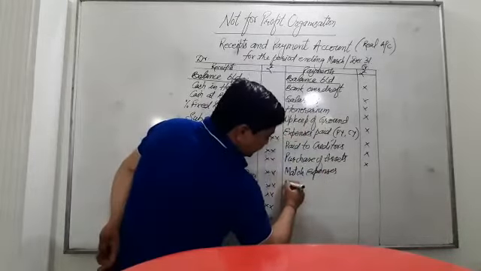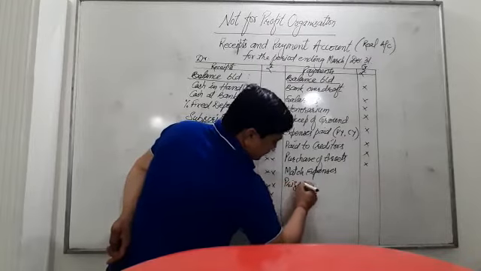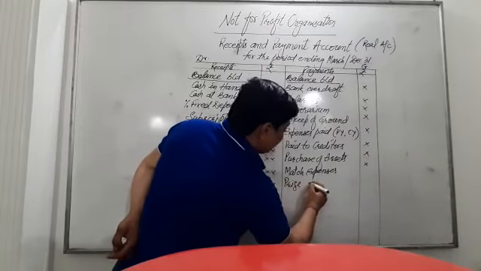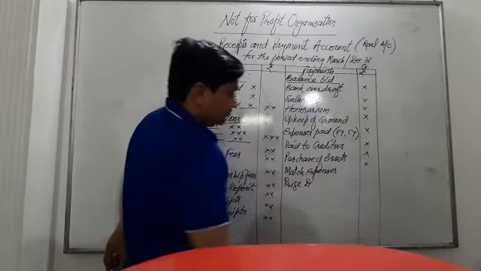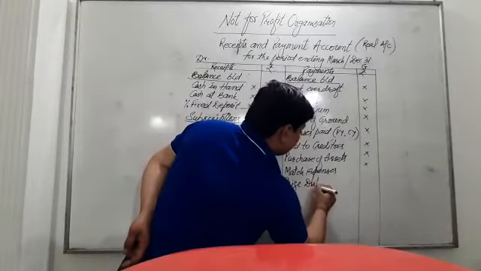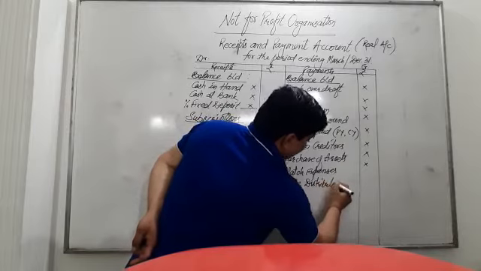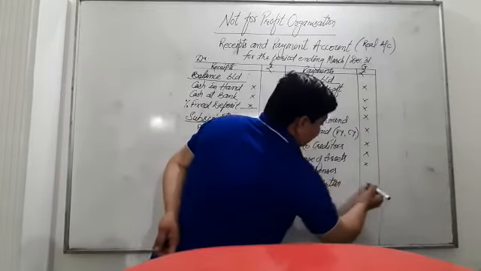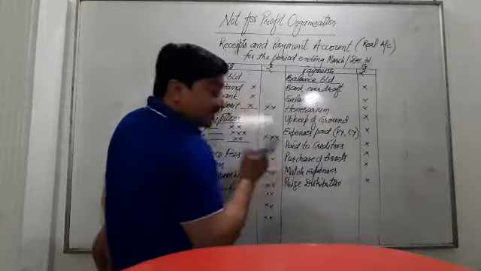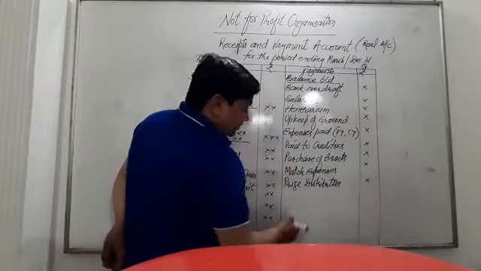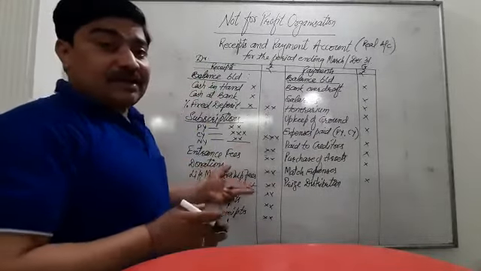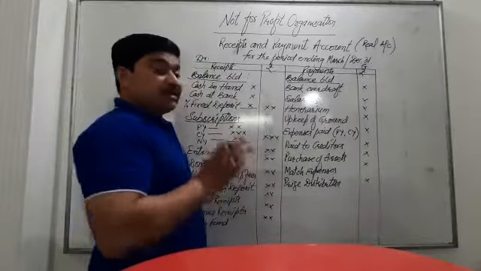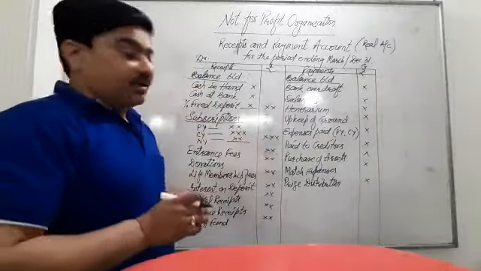There may be prizes distributed, prize distribution, that is the expenses related to this. And there are many other items, but I'm just writing the main items only here, so that you may understand the concept, that is more important.